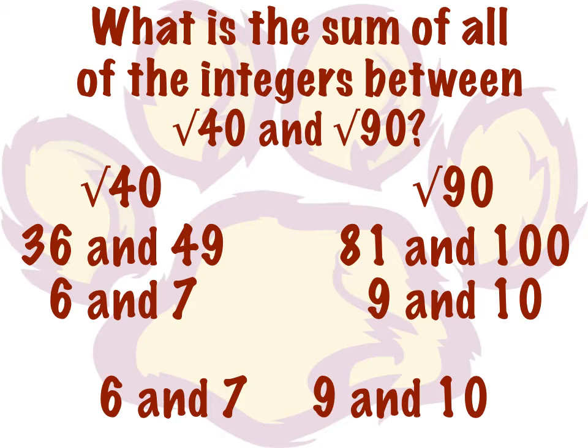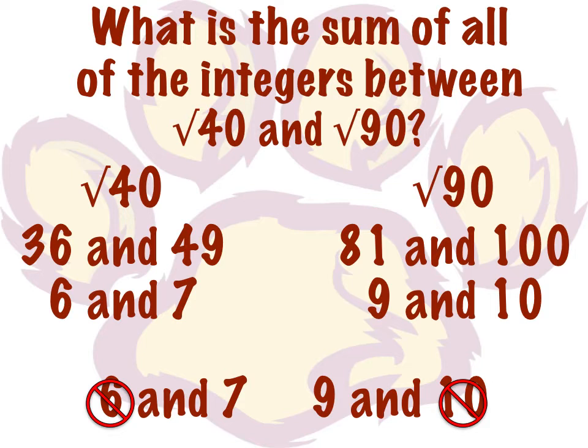So that means the two things we're using are 6 and 7 and 9 and 10. Since we're looking for all the integers between these numbers, we're going to need to eliminate the lowest and the highest integer, because they're either too low or too high to be in between. So now we have 7 and 9 that we're working with. Well, it says all of the integers between those numbers.